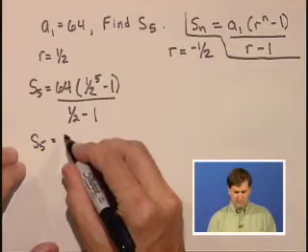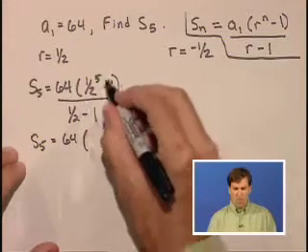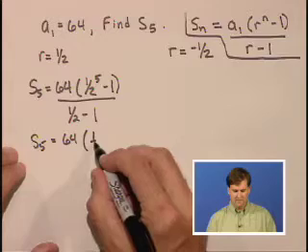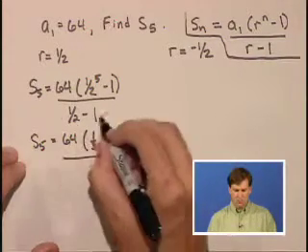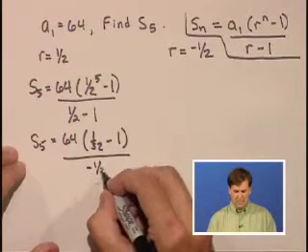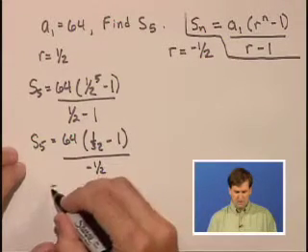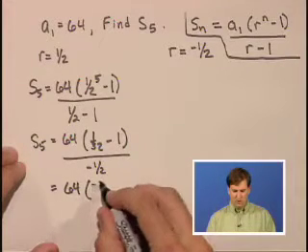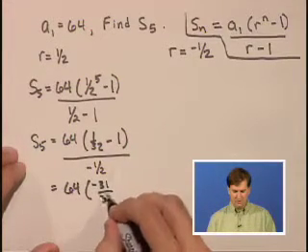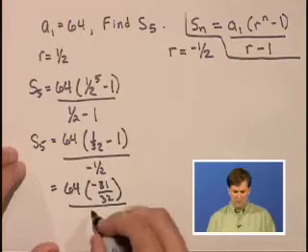S5 is 64. 1/2 to the 5th power is 1/32, minus 1, all divided by 1/2 minus 1, which is negative 1/2. That's going to be equal to 64 times 1/32 minus 1, which is negative 31/32, all divided by negative 1/2.